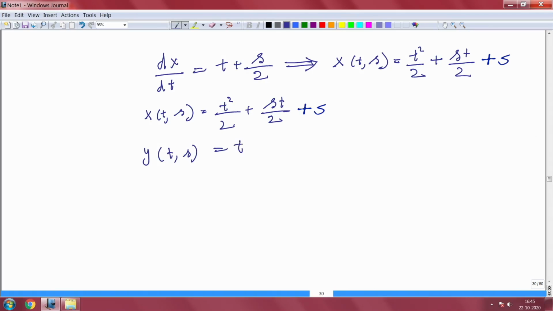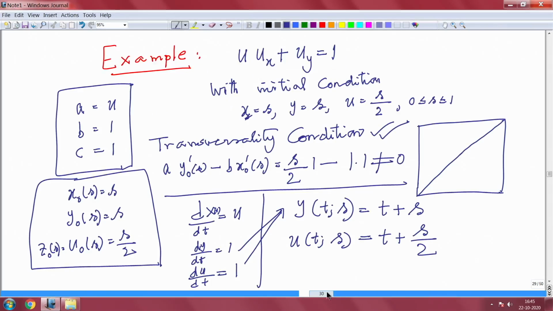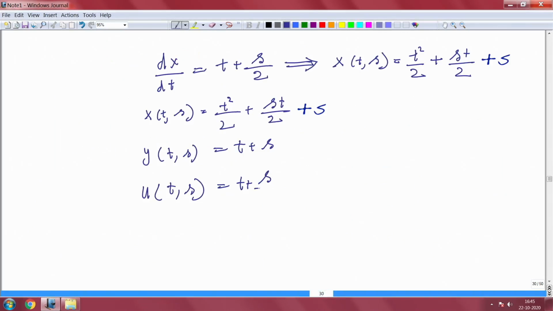and y(t,s) is equal to t plus s, and then u(t,s) is equal to t plus s by 2. So, you want to invert this, x equal to x(t,s), y equal to y(t,s).